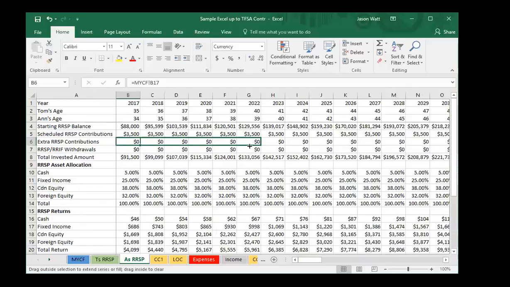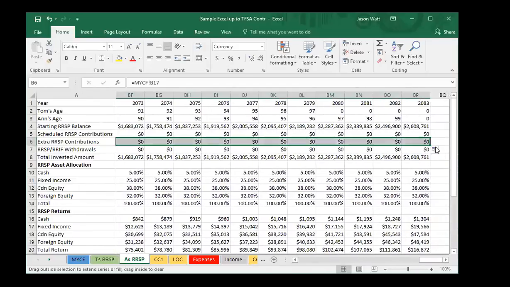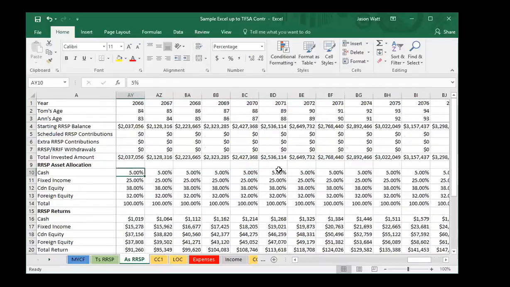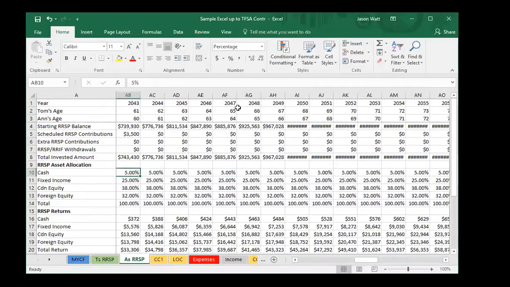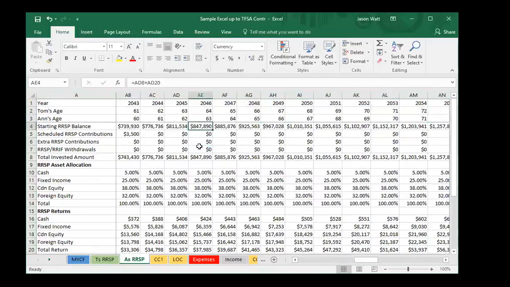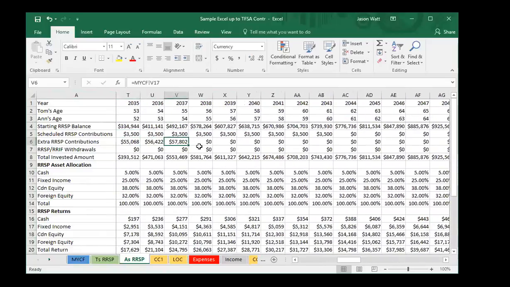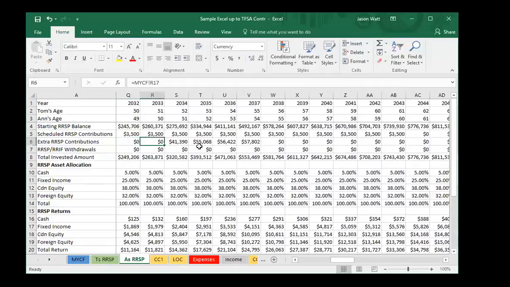So our extra RSP contributions now we should actually see and start to build out a little bit of RSP, and there it is. And just make all those columns fat enough to fit their information. But yes, we can see Ann has these extra RSP contributions now up to the point that it makes sense for her to do so.